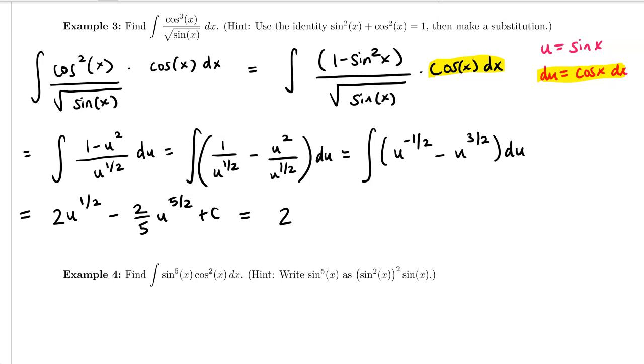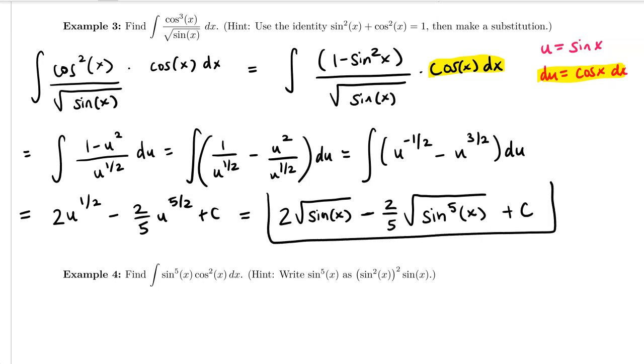So I have 2 times sine raised to the 1/2 power, which is the same thing as the square root of sine. And then if I raise u to the 5/2 power, that's the same thing as the square root of sine to the 5th power. And then I have my constant of integration. So there is our final answer.